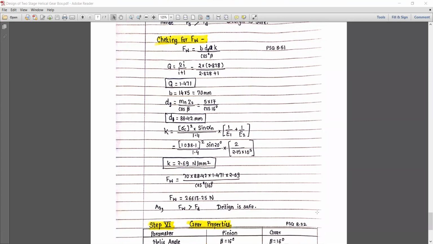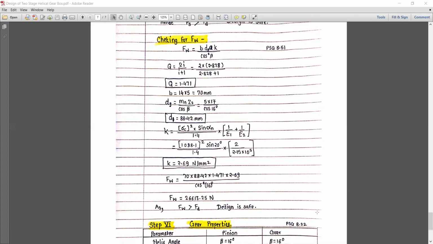Now the second condition: Fw should be greater than Fd. So let's see. First of all, referring to PSG page number 8.51, you can calculate the value of wear load. The equation is B into Dg Q K divided by cos square beta.